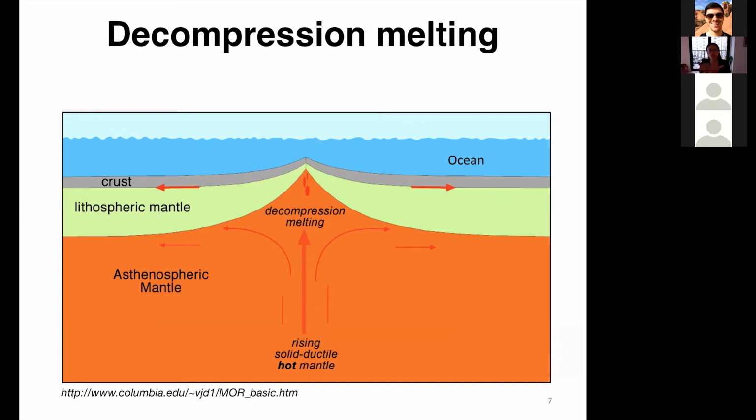As two plates pull apart from each other, the mantle upwells, causing decompression melting. The melt generated by this process forms new oceanic crust at mid-ocean ridges. As this oceanic crust moves away from the ridge axis, it cools and deepens according to half-space cooling.